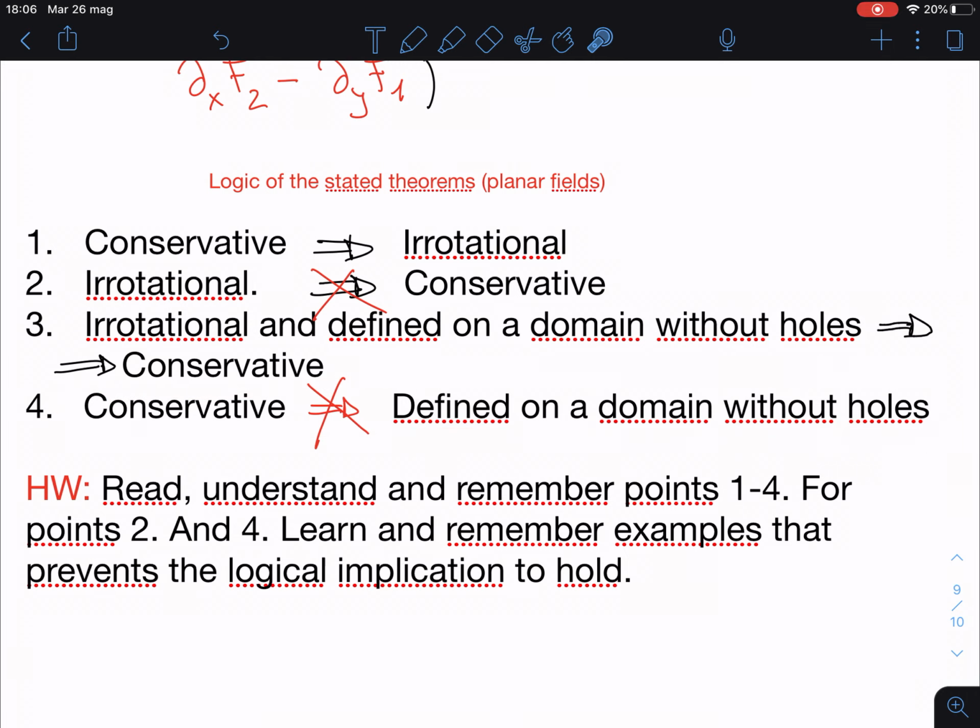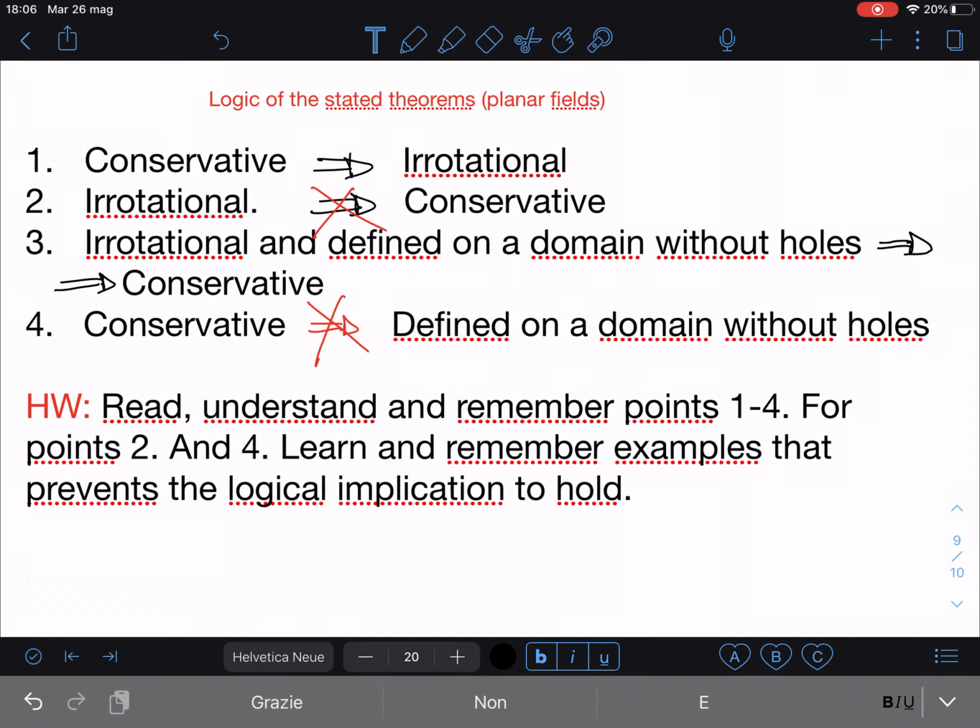Okay? And another homework, which is important too from a critical point of view. I ask you to think of it, and then if you want we can discuss together.